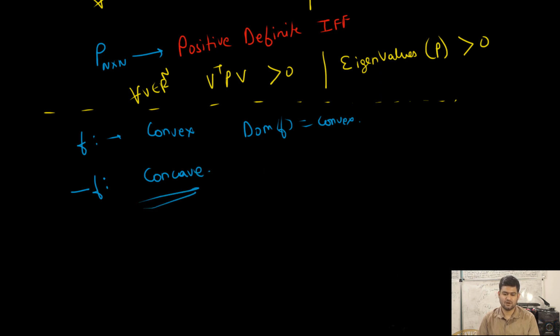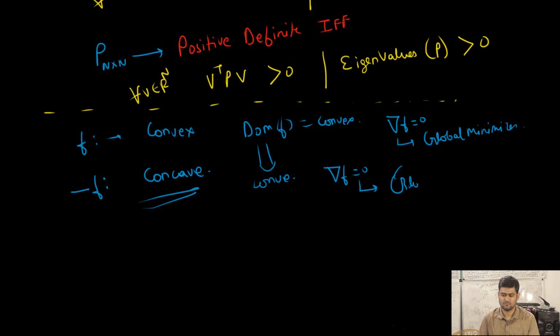And for a convex function, the point at which the gradient is 0 implies the global minimizer, and for a concave function with the domain being convex, the point at which the gradient is 0 is a global maximizer. And that's why in the case of least squares, our loss function was the norm of y minus phi times w, which is a convex function.